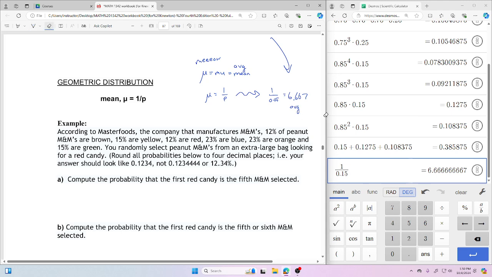Average calls. Cool. So if you make the first sale on the first call, bam, you get to go home early today. But on average, it would be about 6 calls a day, maybe 7. That's how it works.